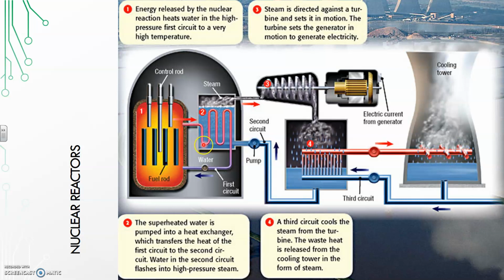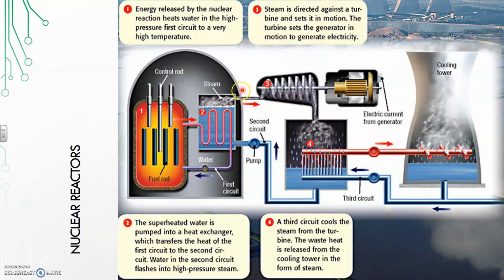But that will actually go through this water reservoir. Now this water reservoir doesn't have any constraints on it pressure-wise. So when it hits this tube with the high temperature water, it's going to immediately become steam. So that's right here.